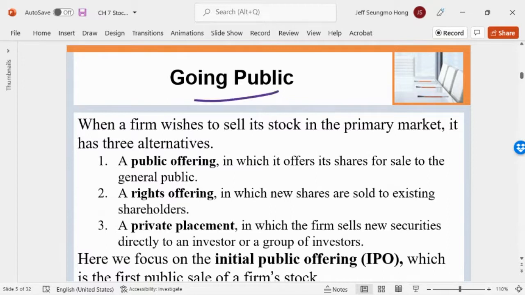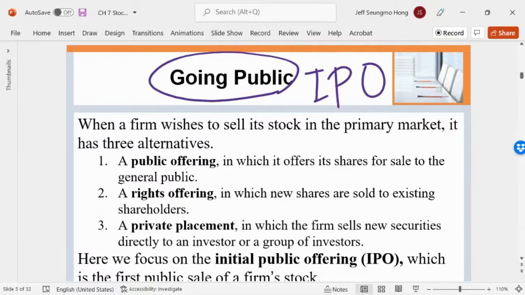So going public means IPO, initial public offering, right? Now, usually the IPO is what allows the original shareholders, the founding members and original shareholders, to amass a big fortune.